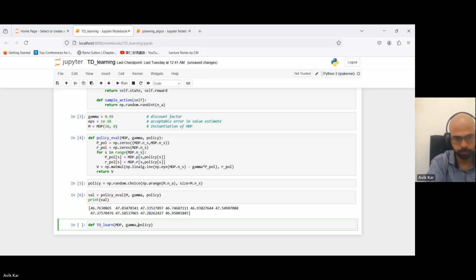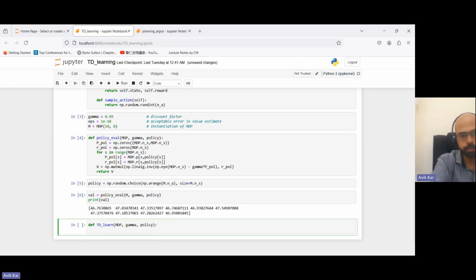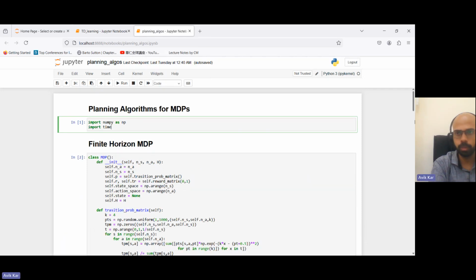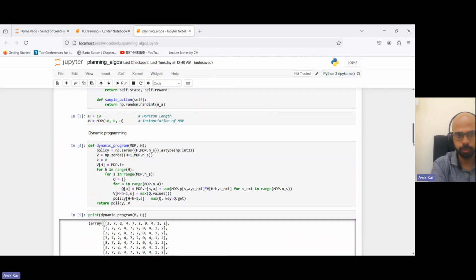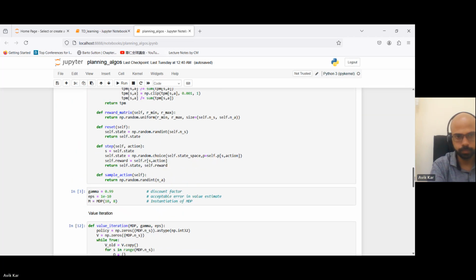What is the first step? We have to initialize the value estimate. Let's write it as V hat, and I think we saved it in this kind of array.